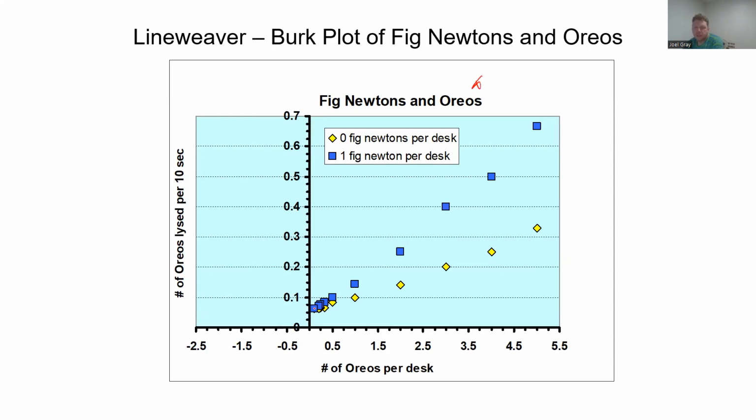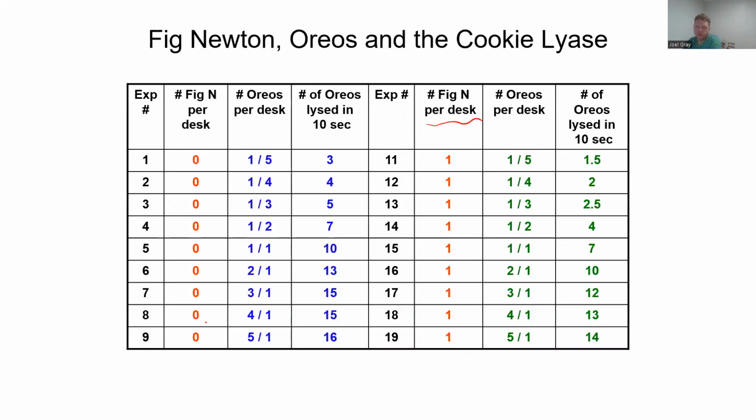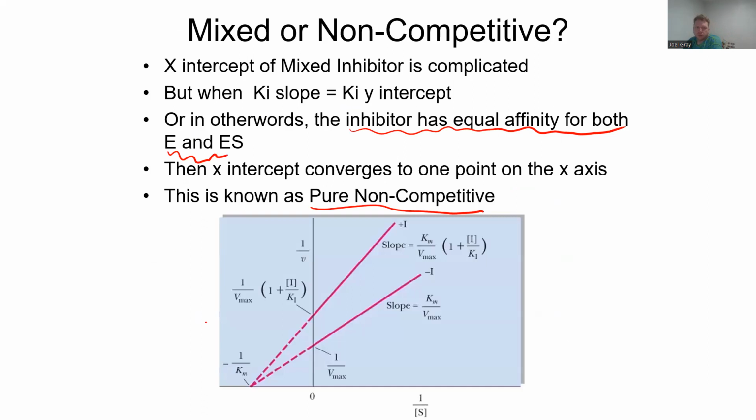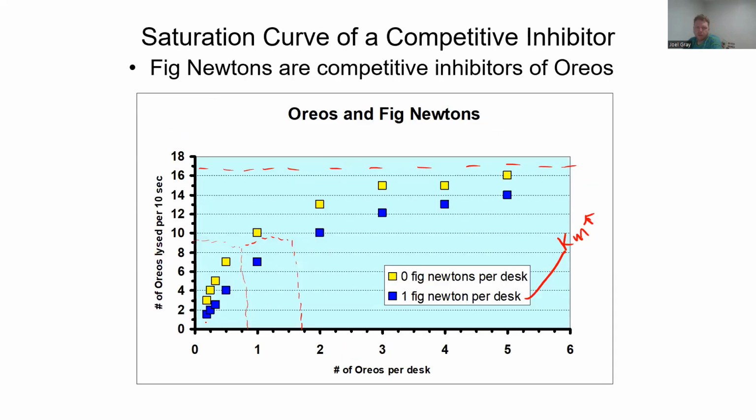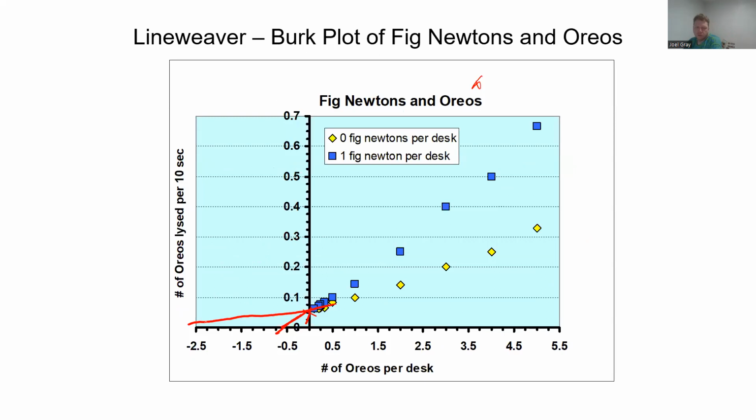Now, you can see that these data merge together at this point right here. If you can imagine the slope of this blue line, we're going to end up with a slope like right there, whereas our yellow line is our Km. So, here we go, that has changed. We have a Vmax that looks like it has not changed.